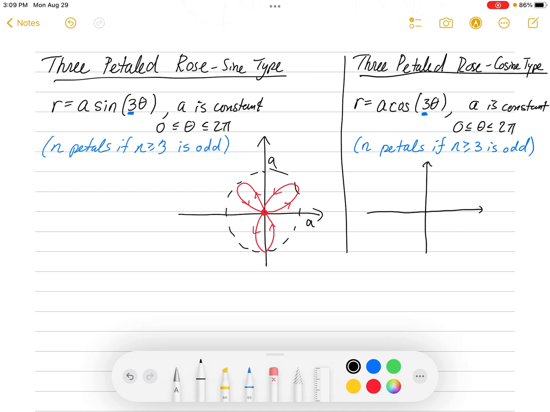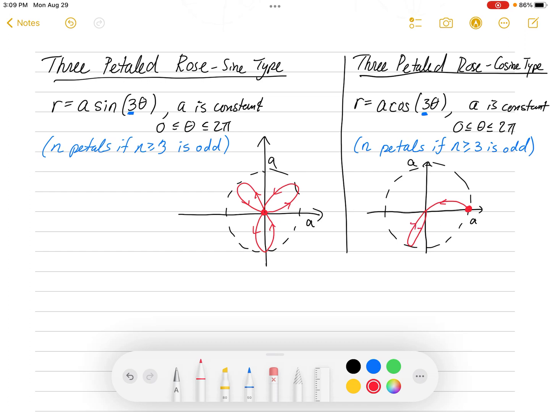So to graph this one, we're going to first think about a circle of radius A. And we're going to start here on the horizontal axis out a distance of A, and that one is going to go half a petal around to the origin. And then down into the lower left, we get a petal.